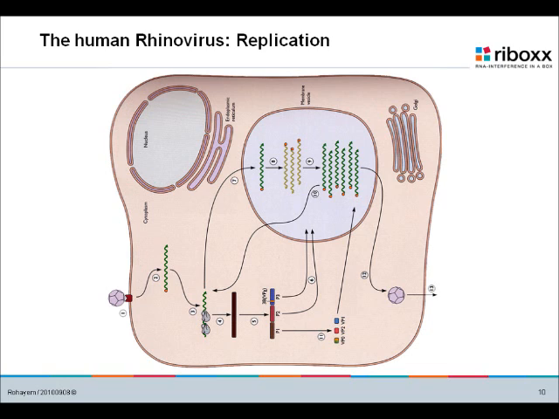And in those vesicles, which are quite similar to lipid droplets with a very high content in lipids, you have replication of the genome, the positive strand being transcribed into a negative strand, and so on and so forth. And at one point in the replication cycle, you have the release of the virus that will infect the next cell, the next epithelium, the next tissue, and the next organism.